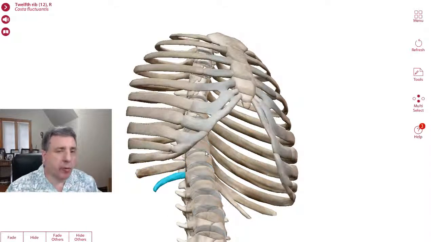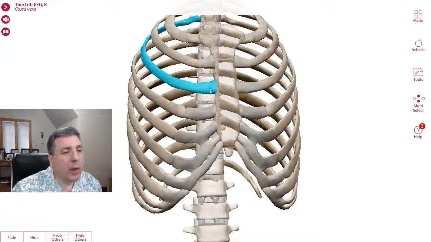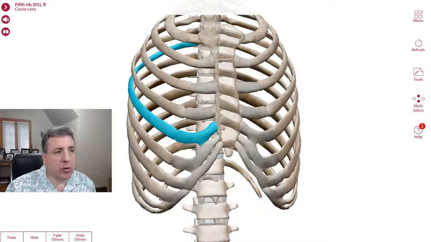So the difference between true ribs and false ribs is this. If you were to look at the model, we've got the osseous structure, or the bone, comes around, and before it inserts into the sternum, we have cartilage. This is called costal cartilage.